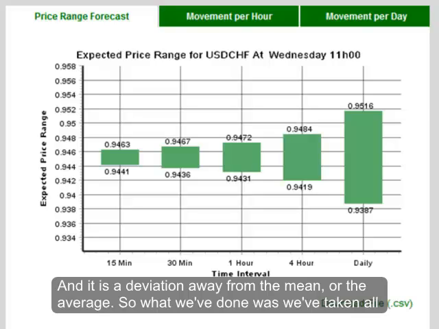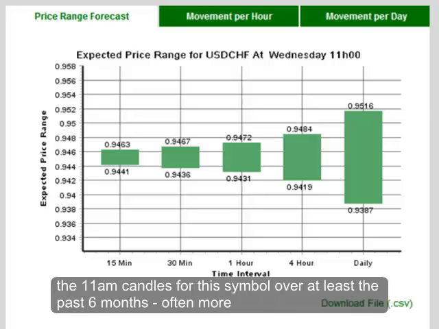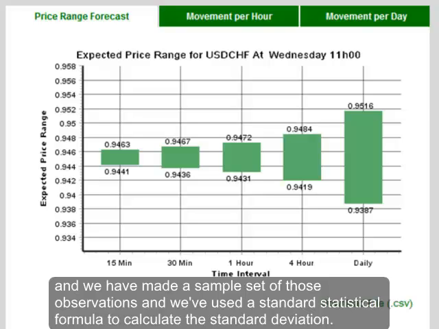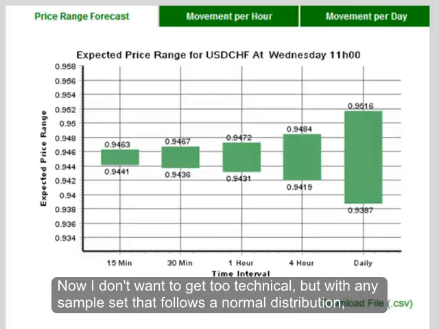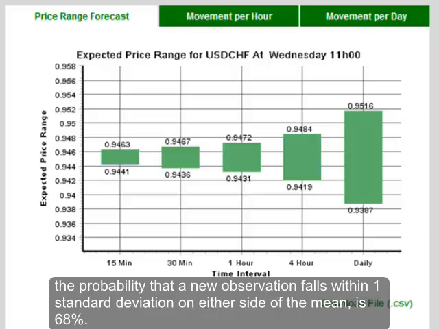So what we've done was we've taken all the 11 a.m. candles for this symbol over at least the past 6 months, often more, and we have made a sample set of those observations, and we've used a standard statistical formula to calculate the standard deviation. Now, I don't want to get too technical, but with any sample set that follows a normal distribution, the probability that a new observation falls within one standard deviation on either side of the mean is 68%.